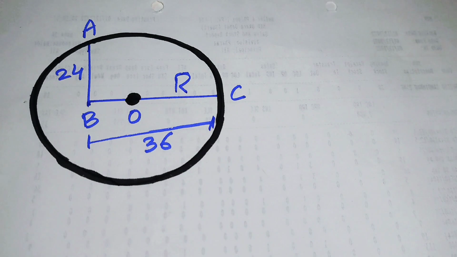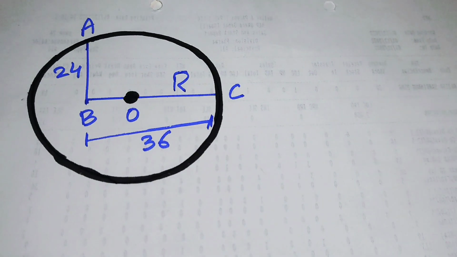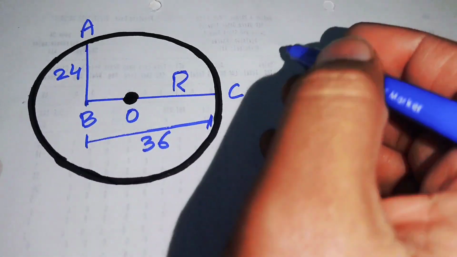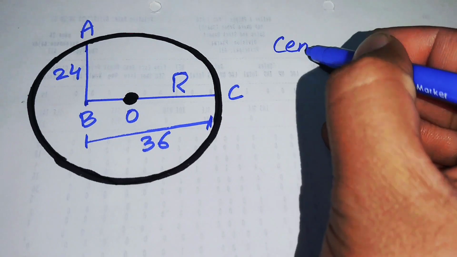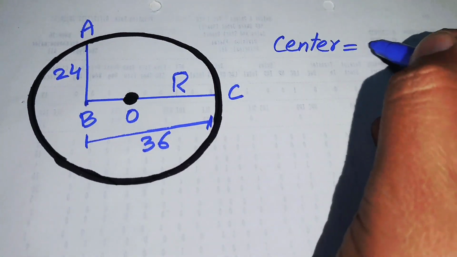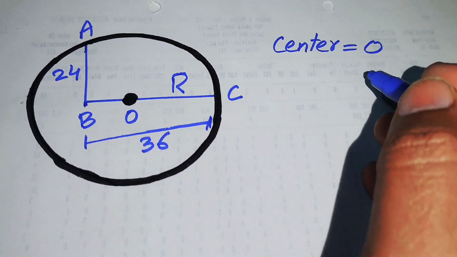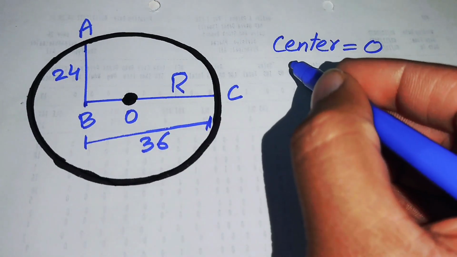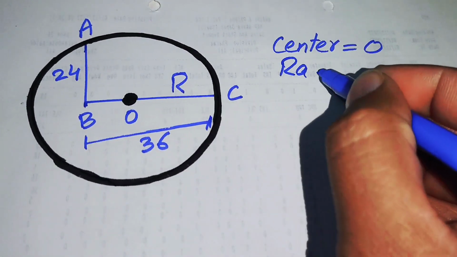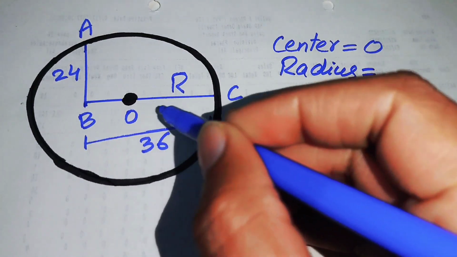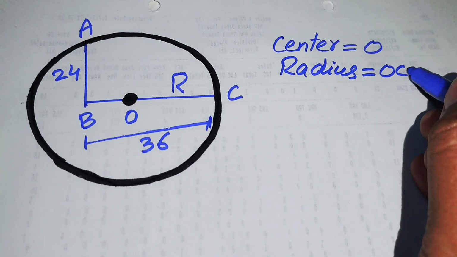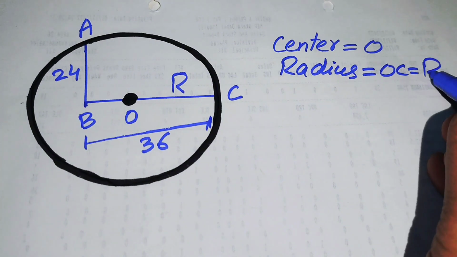So the very first thing we do is suppose that O is the center of the circle, and the radius we want to find is OC, and we denote it by R.